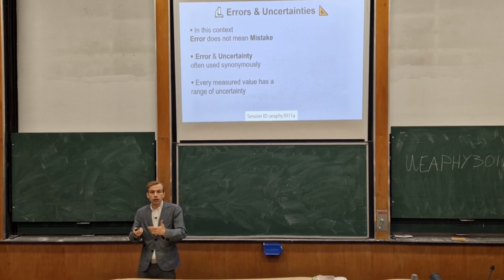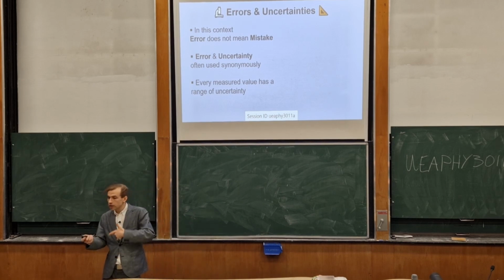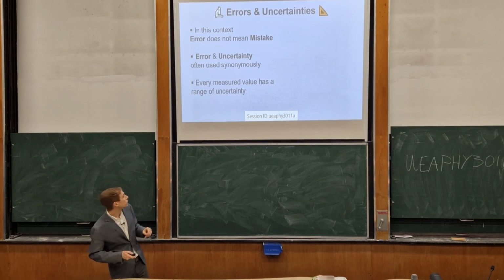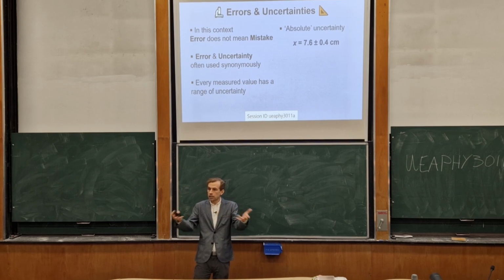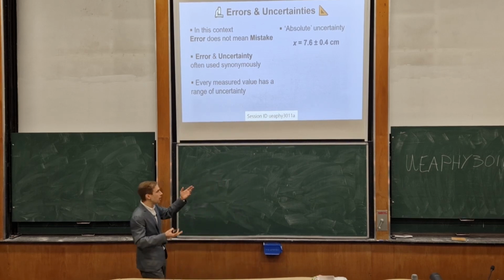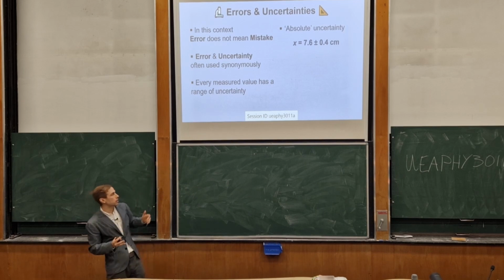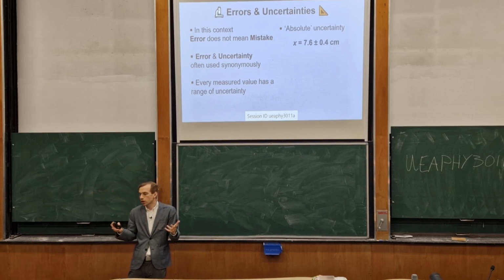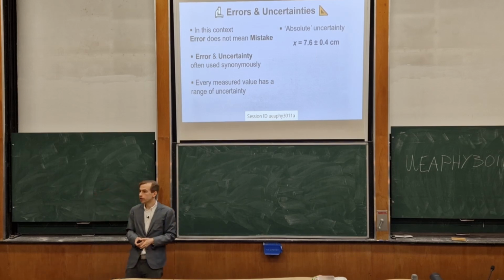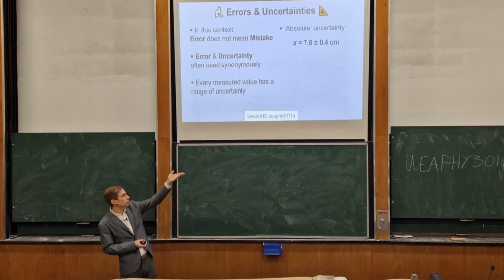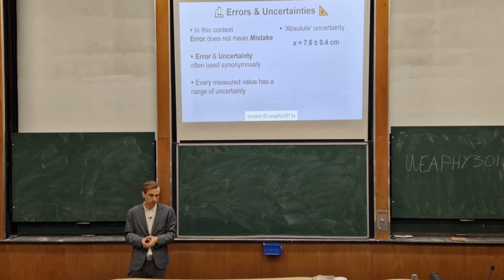Now, there's a couple of different ways that we can express what this range of uncertainty is. And they're both fine, they're both equivalent. They're just two different ways of the same thing. So we can write our uncertainty as what we call an absolute uncertainty. I've just made up a number. So let's say x equals 7.6, a totally made up number, and the range of uncertainty there, plus or minus 0.4. And then we've got the units there, centimeters.